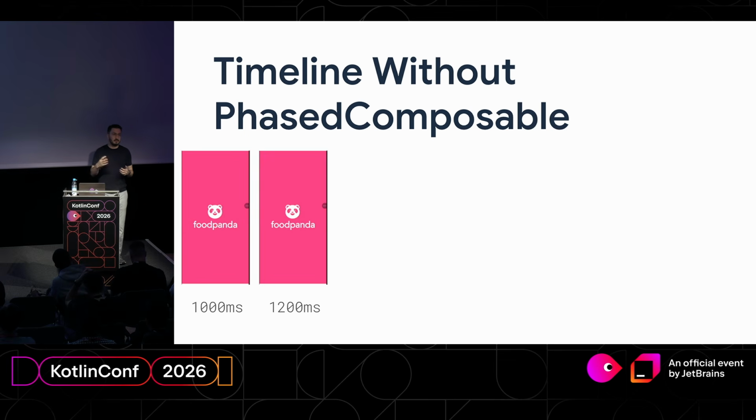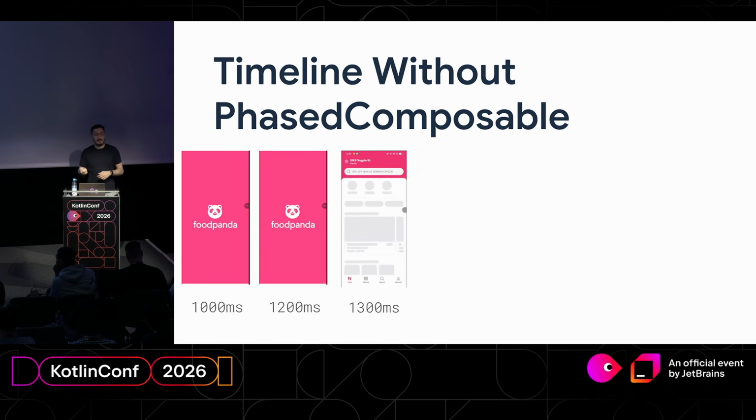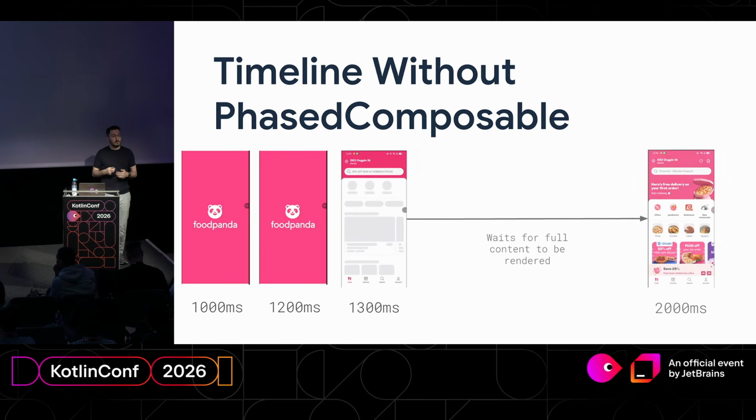Yes, they will see the full content, but in our case it was taking more time than we would like. Later, when we put in a skeleton, this also takes some time, and even if we have data from the cache, it takes a lot of time for Compose to run, execute, layout, and draw things on the screen. This took a measurable amount of time, and this wait gap is the perfect trace that I showed in the beginning.